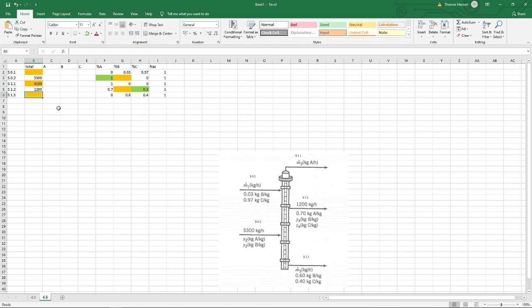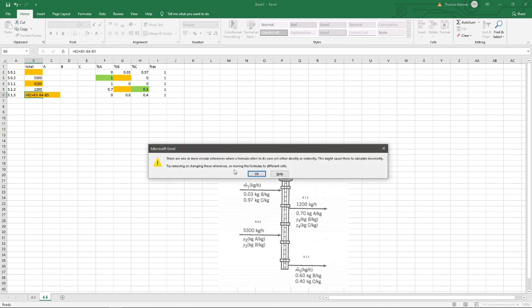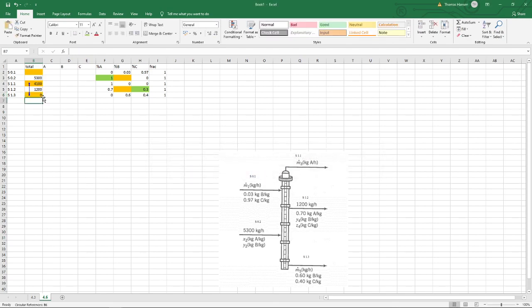So if I say my 1,3, what would that be? Well, that would be my 0,1, my 0,2. I can subtract my 1,1 and my 1,2. That is a legitimate mathematical expression, and Excel gets really angry at us because it's now circular references. This cell is dependent on this cell, and this cell is dependent on this cell, so we can't do that.